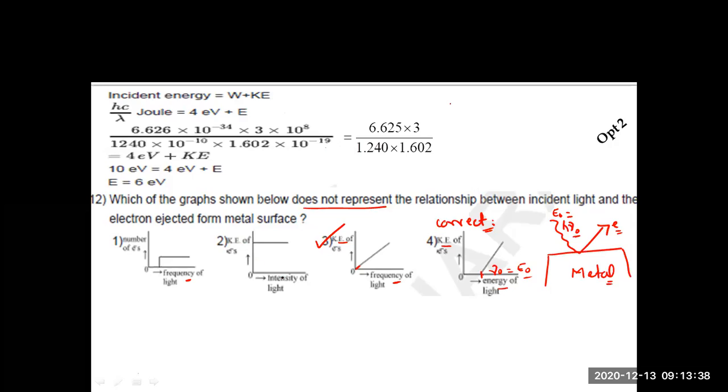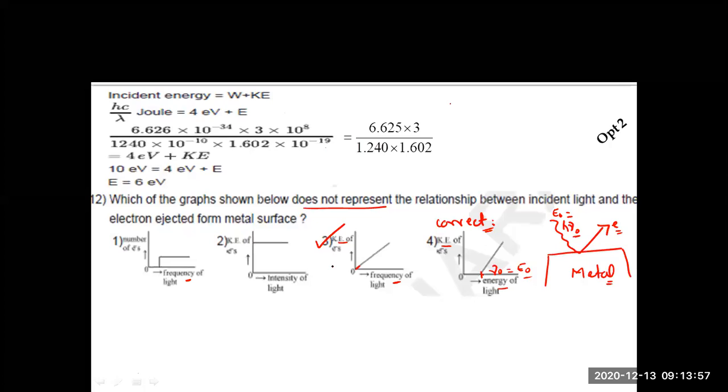So when you plot kinetic energy versus intensity, kinetic energy doesn't change with intensity, only with frequency. So it is a parallel line, parallel to x-axis. So 1 is correct, 2 is correct, 3 is wrong, 4 is correct. They're asking which does not represent correctly the relationship. So option 3 is right.